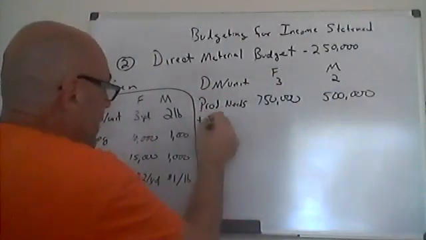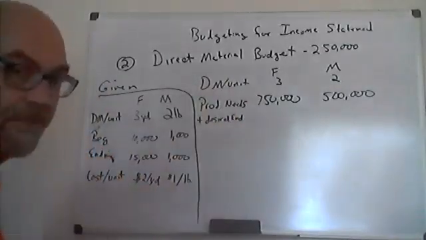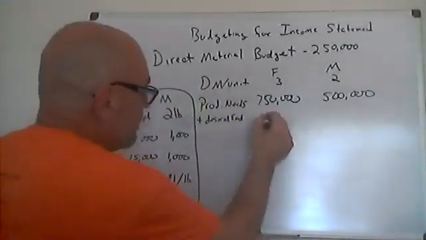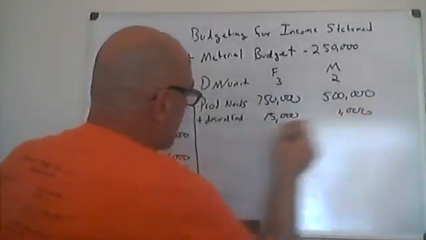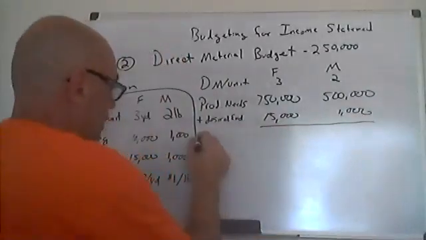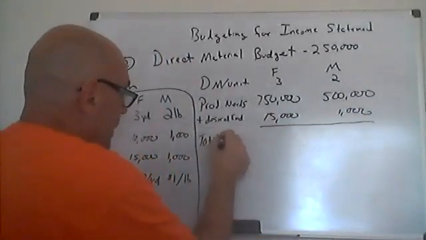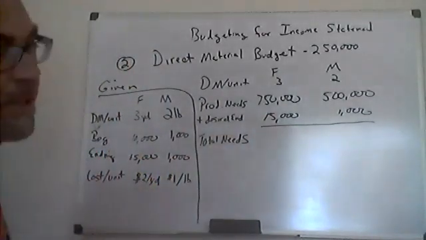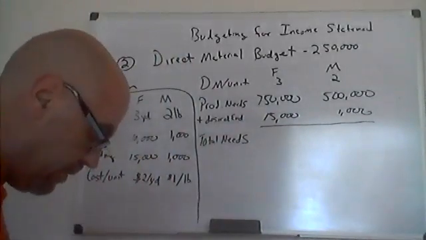But we need to add our desired ending, because that is just for production. So our ending is 15,000 and 1,000. Just as in the other budget, whatever you need to produce plus your desired ending inventory is what the total needed is.